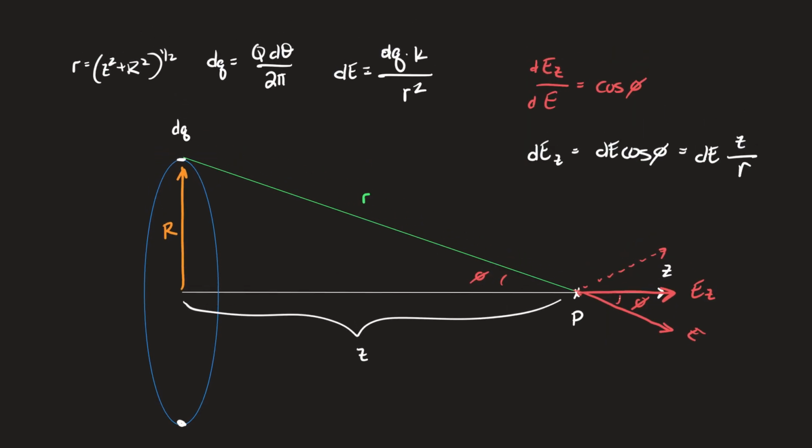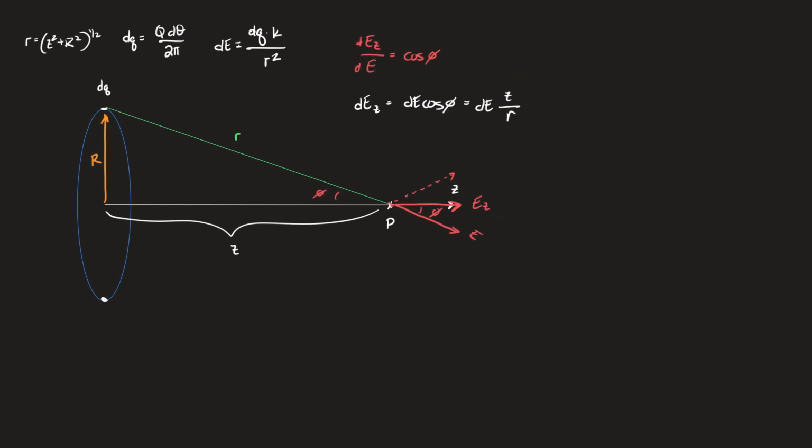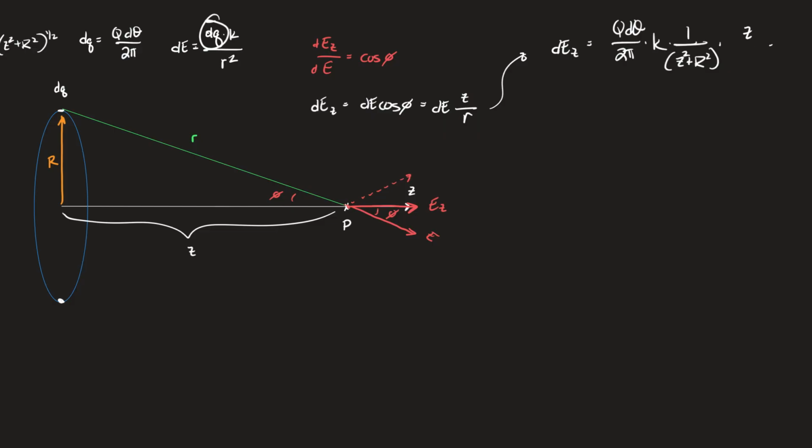So now let's put all those pieces together here. dE in the z direction equals, let's start with q d theta over 2 pi, that's the dq, times k, times 1 over r squared, which is z squared plus R squared, times z over r, which is z over z squared plus R squared to the 1/2.